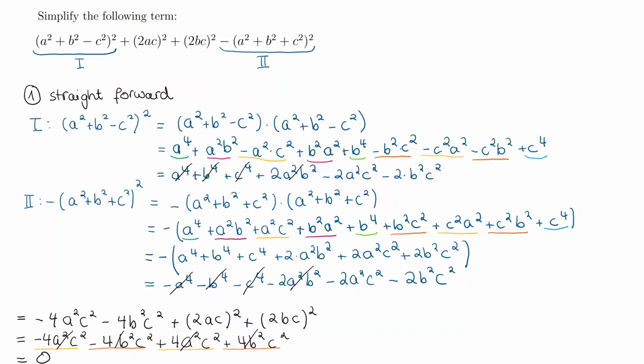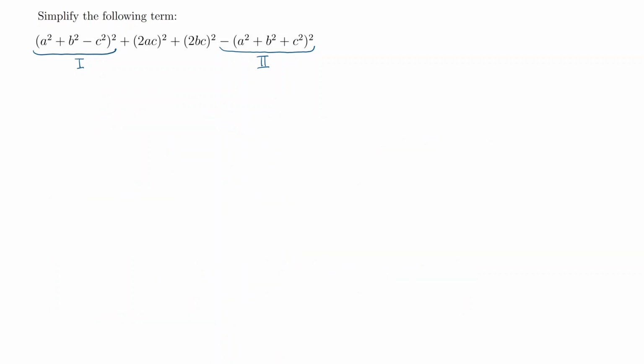I want to show you also an alternative way where we can calculate it much faster, but there's a little trick. So sometimes it's really worth it to first look at the exercise carefully. So for the second option, we use a little trick. Let's have a look once again carefully at our exercise.